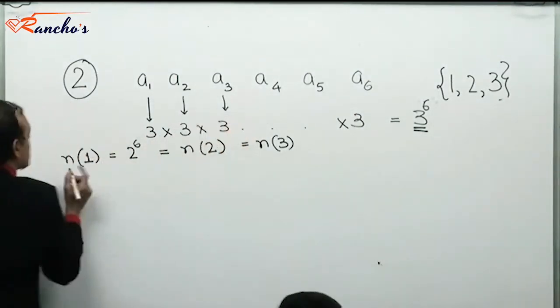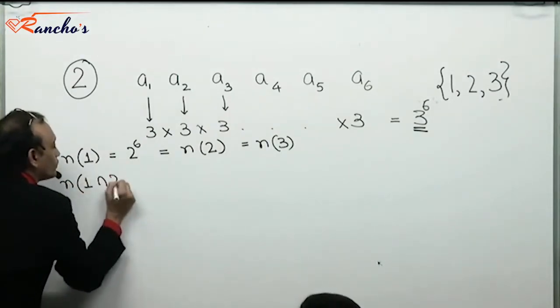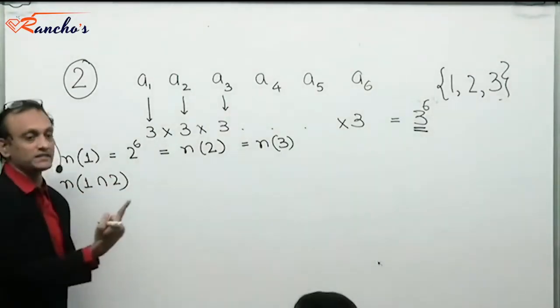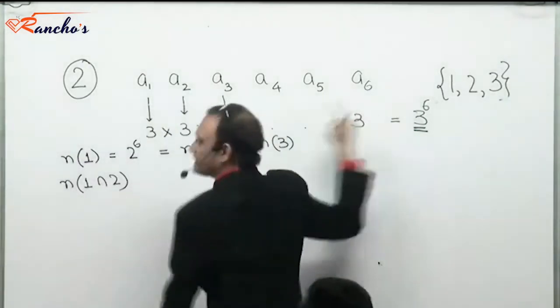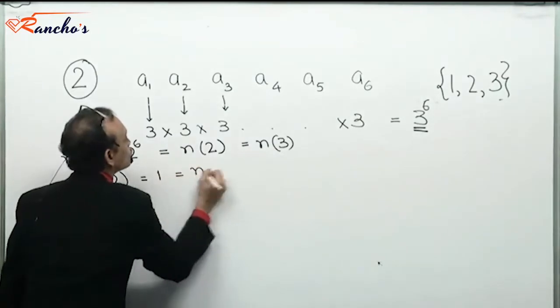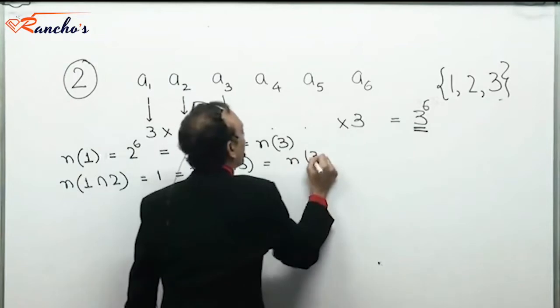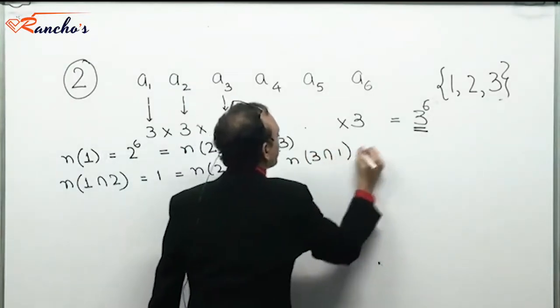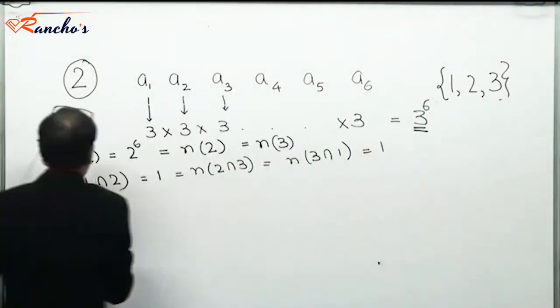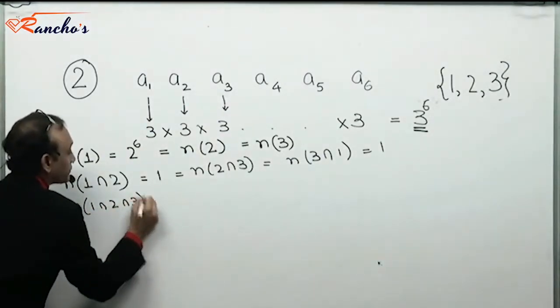Now, number of these numbers that don't contain 1 and 2: only 1. That means those that contain only 3, there would be just one number. Number that don't contain 2 and 3: 1. That don't contain 3 and 1: 1. Number that don't contain 1 and 2 and 3: 0.